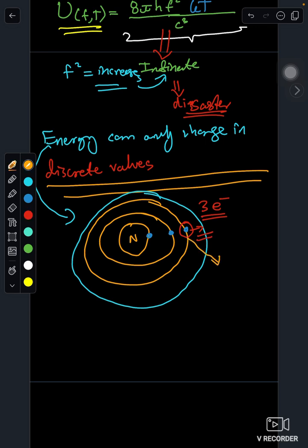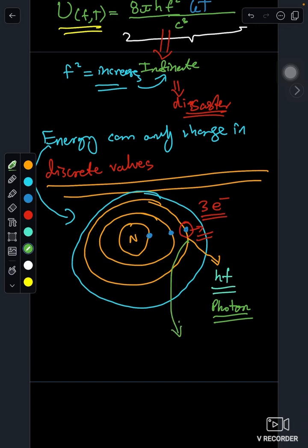It will need energy to get to a higher level. How can it happen? We give it h frequency, which is a photon.